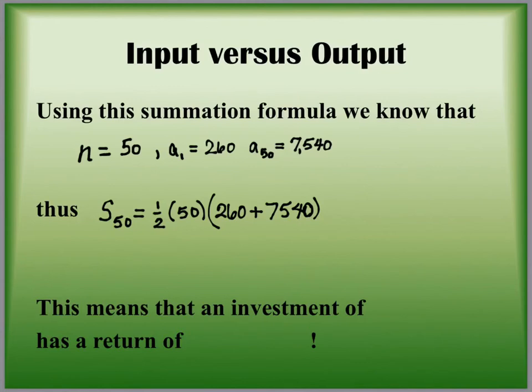I promise I'm not going to ask you to calculate this on your test. That's not the point. I just am curious so you can see, okay? So what do you get when you multiply this all together?